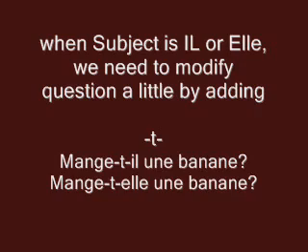No, you will have to do a little modification here. You will add a dash, then t, and then another dash between the verb and the subject. So it will be mange-t-il une banane or mange-t-elle une banane.